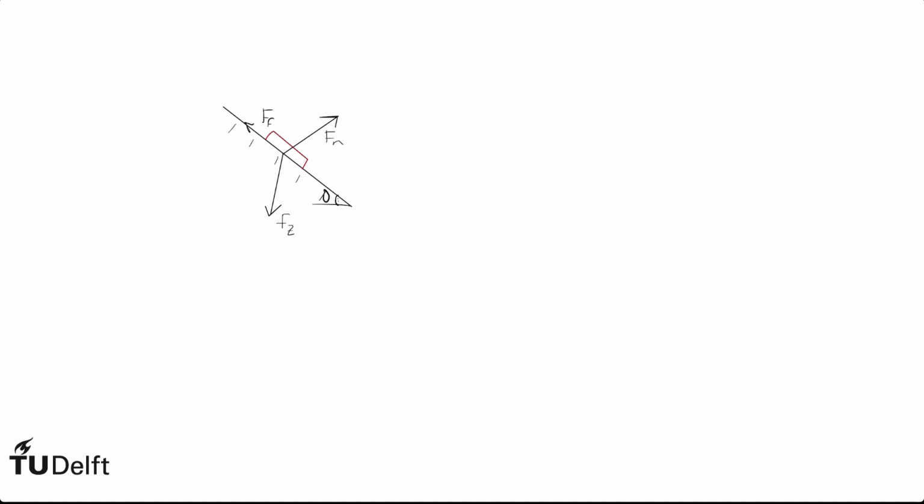I'll call it theta. Now the question is, for which value of theta will the book just start to slide down? When it just starts to slide down, that's the same angle as the point at which the forces are just still in equilibrium.